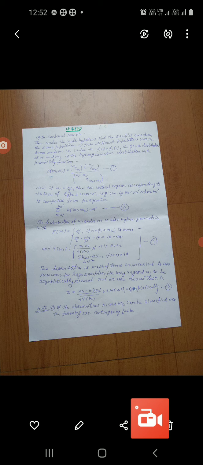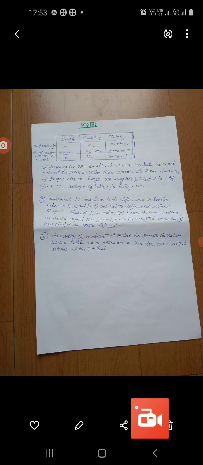Now there are some important points, so note this. Note number 1: if the observations M1 and M2 can be classified into a 2 cross 2 contingency table, shown in the table.